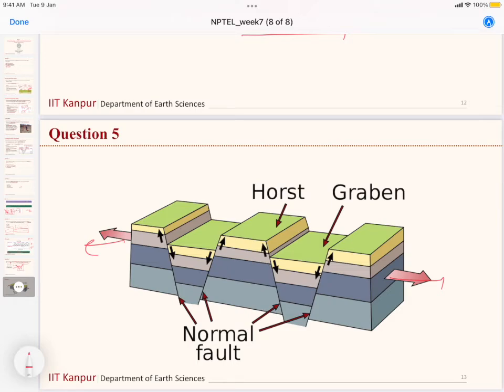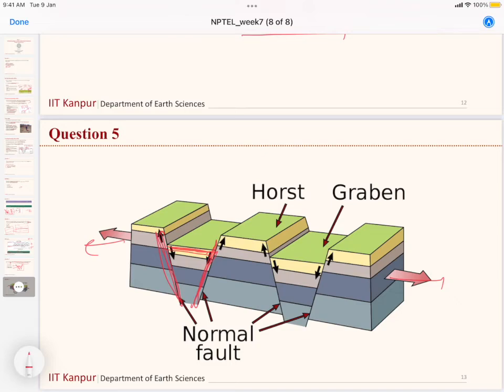So what we have drawn just now is two fault planes dipping towards each other, and the landform we got is the graben.